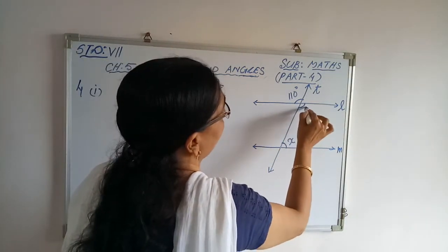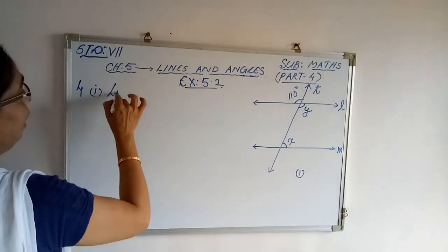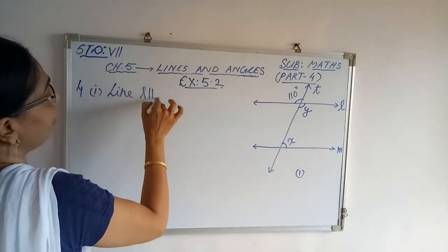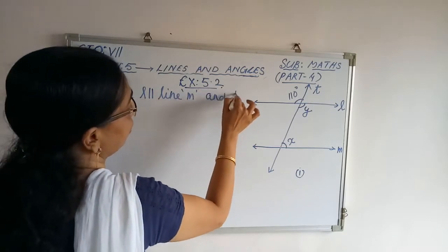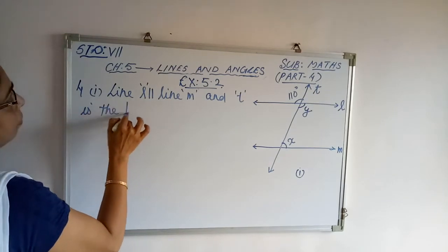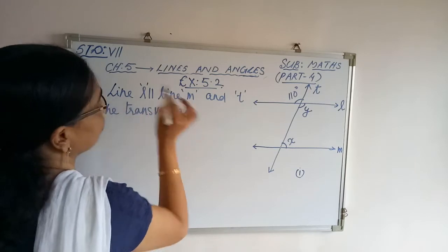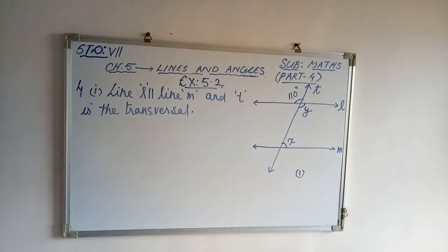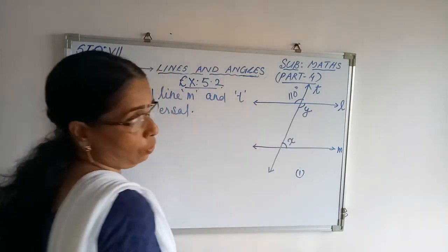Let this be Y. So in the question, line L is parallel to line M, and T is the transversal. In the question only X is given. Here I have given the rest for easy calculation.